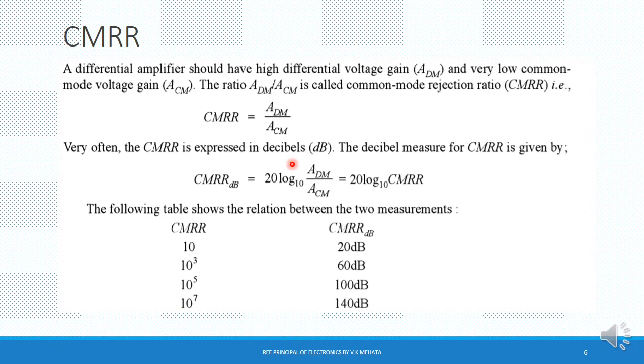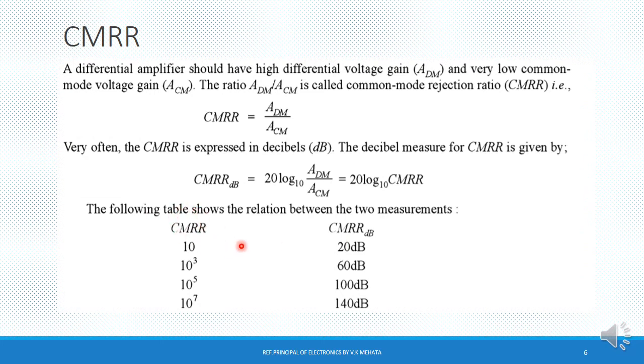That large number, we use in the compressed form, that is nothing but the decibels. Okay, that already you have studied. The decibel measure of CMRR is given by CMRR in dB is equal to 20 log 10 ADM divided by ACM.